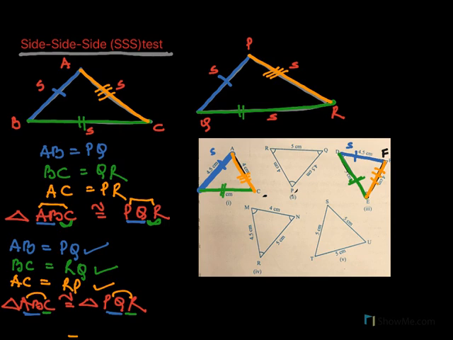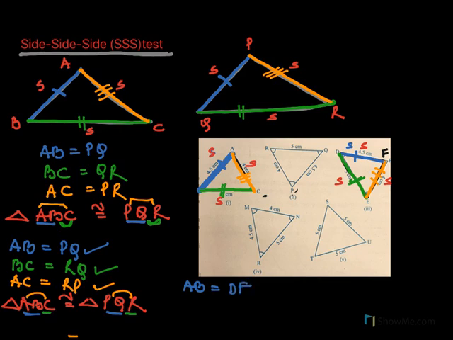Three sides of one equal to three sides of the other, so the triangles are congruent. To write the blue ones first, we know AB equals DF.